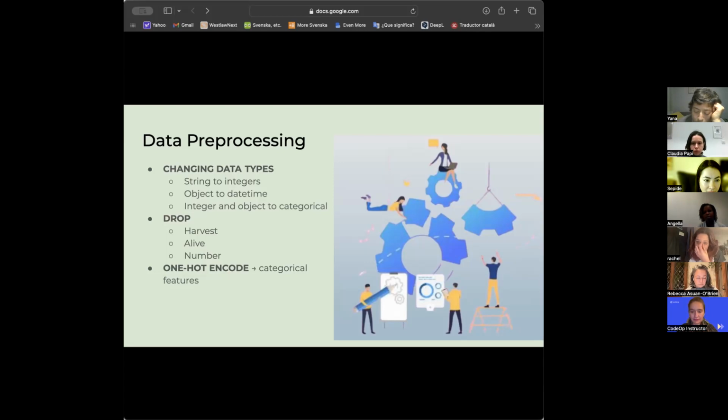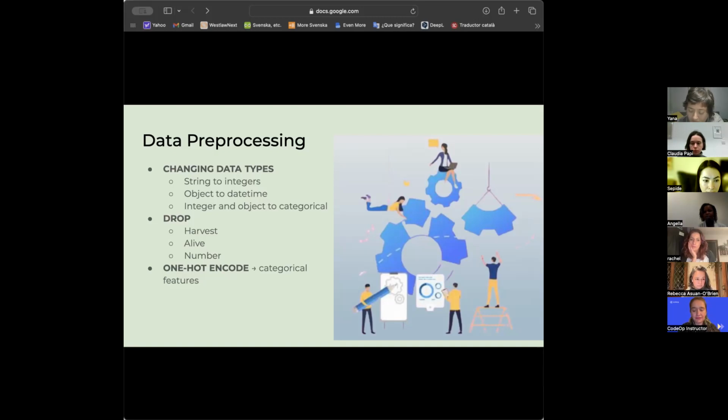We also had the date that the seedlings had been planted, and it was an object, so I had to change it to date time for the machine learning model to be able to understand that, as well as convert some integers and objects, like say event had been changed to 1 and 0s, and 1 would be considered an integer, but with respect to our model, we'd want it to function as a categorical variable. So we changed it to categorical data type.